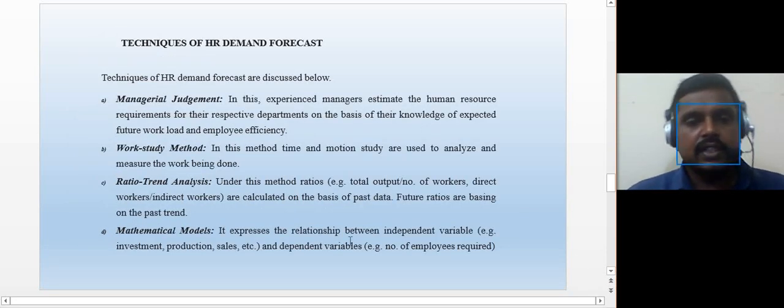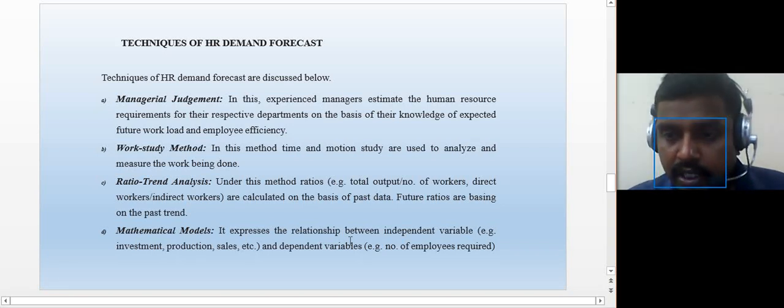What are the techniques of human resource demand forecast? The first one is called managerial judgment. Experienced managers estimate the human resource requirements for their respective departments on the basis of their knowledge of expected future workload and employee efficiency.